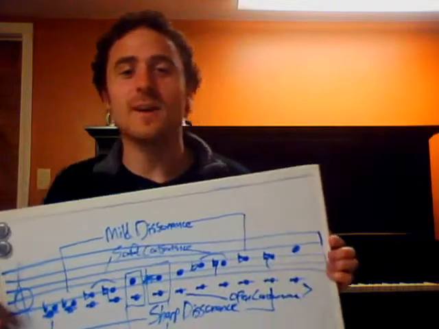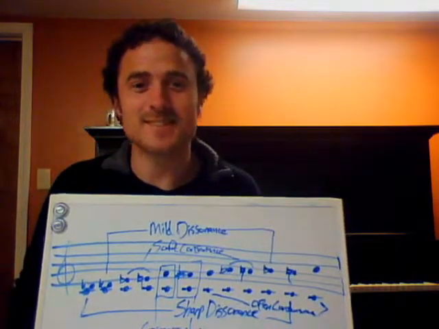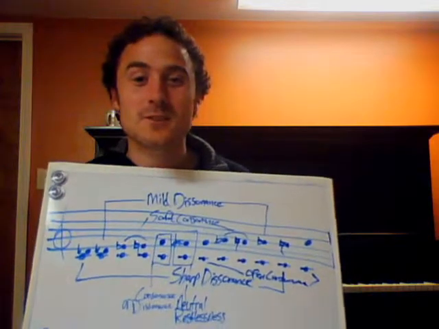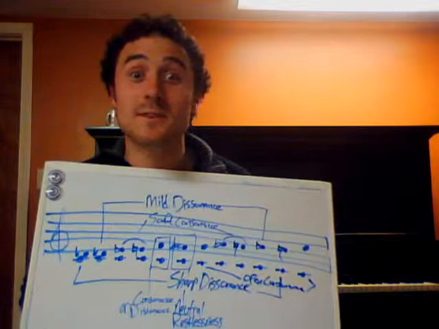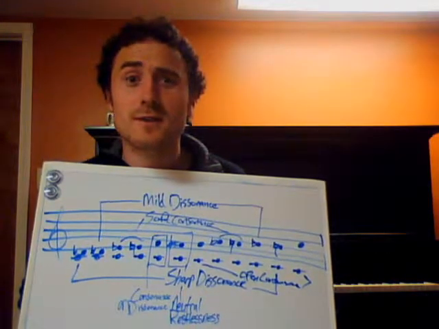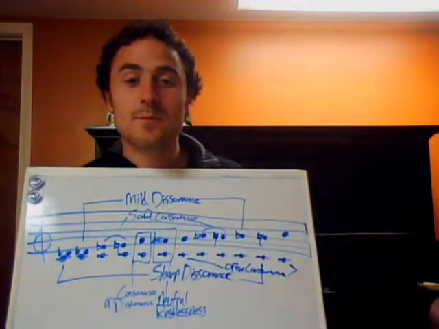Deep breaths. Okay, so those are your sharp dissonances. Just think of the creepiest movie you could ever think of, and that's what it sounds like, especially with the high tension. Anyways, we're gonna skip to another page.